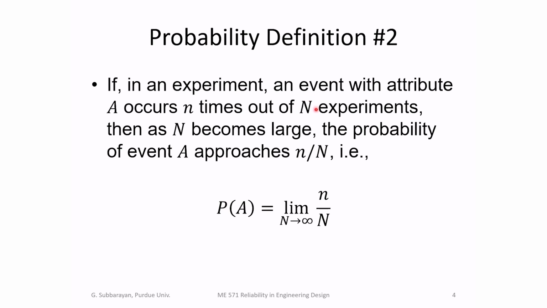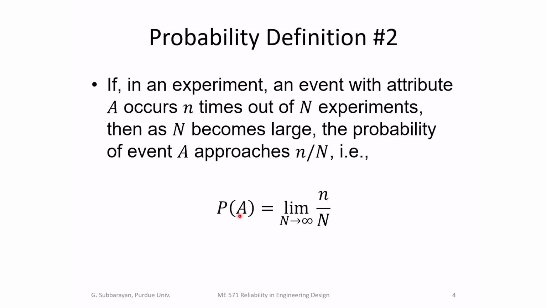We only test a finite number of components, capital N components, and we find failure in little n of them. So in this case, we have a sample of N components or N experiments. This is a sample, not the whole population.